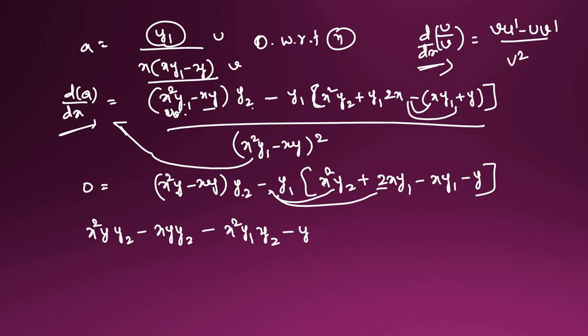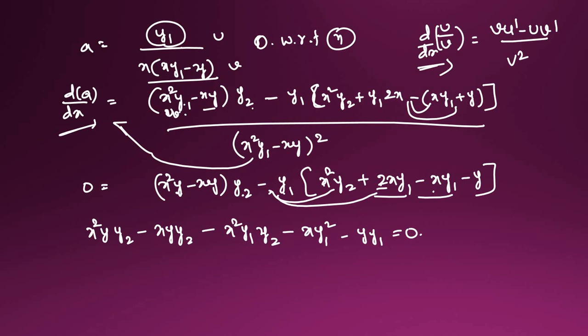Then 2x into y1 square minus y1 into this one. So see here, 2xy1 minus xy1 is equal to xy1. Okay, I will do this again: 2xy1 minus xy1, so y1 into y1, xy1 square minus x y1, y1 is equal to 0. So x square y1 y2, is there anything to cancel?